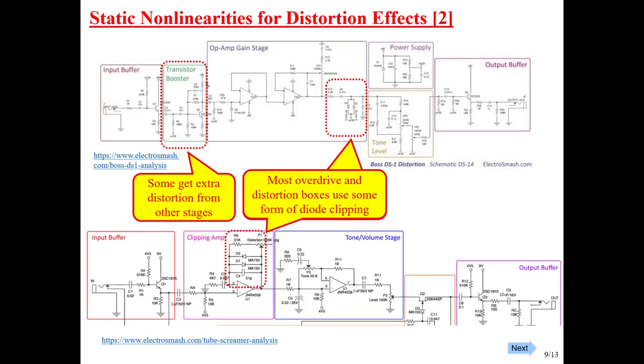So this is the Tube Screamer. Here we can see the diode clipper in the feedback loop, and we see some linear filtering going on there. We see some linear filtering here for our tone control. So again, linear filter, nonlinearity, linear filter, that kind of idea.